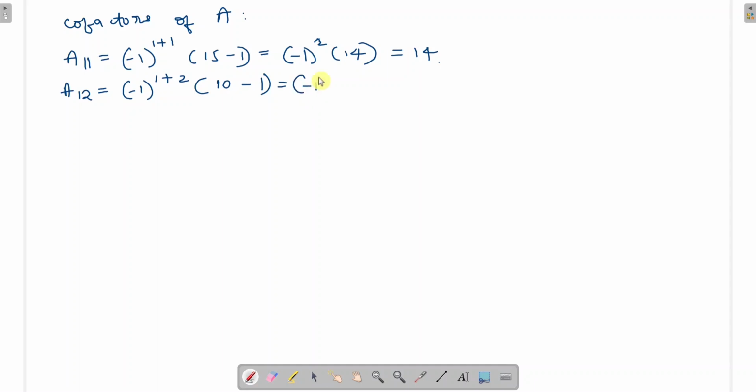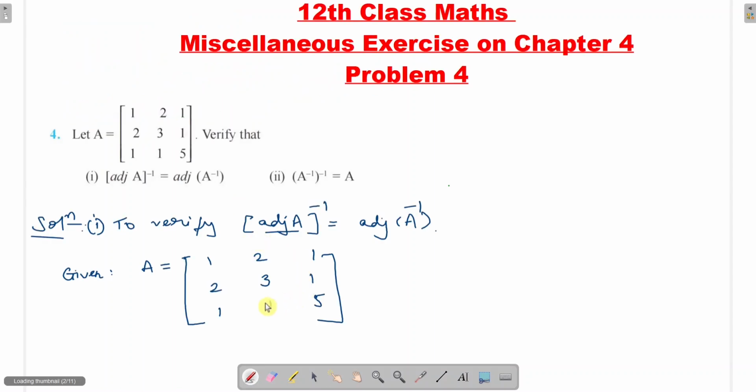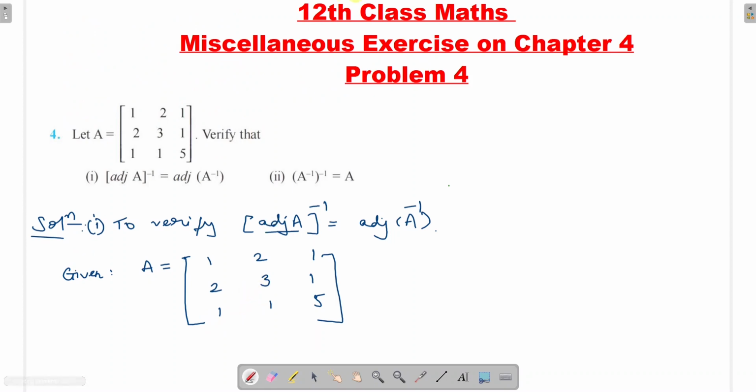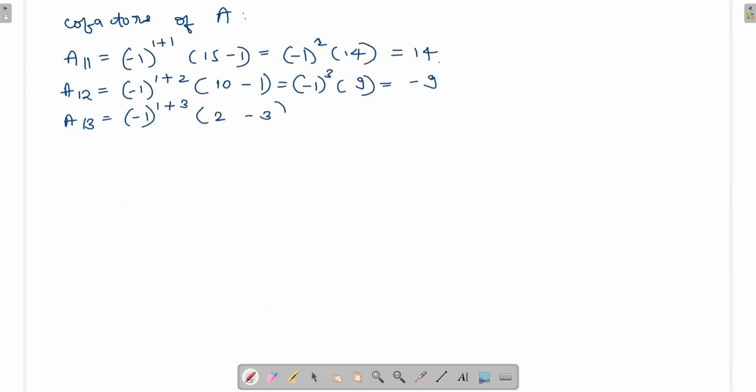So minus 1 raised to 3 times 9, which is nothing but minus 9. Okay, then A13 minus 1 raised to 1 plus 3 times 1 times 2 is 2 minus 1 times 3 is 3. So minus 1 raised to 4 times minus 1, which is minus 1.